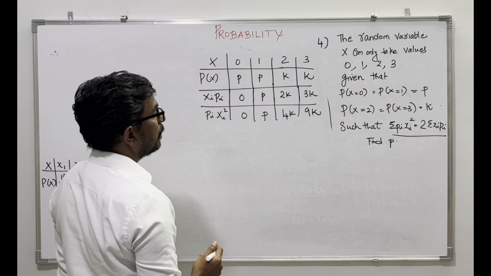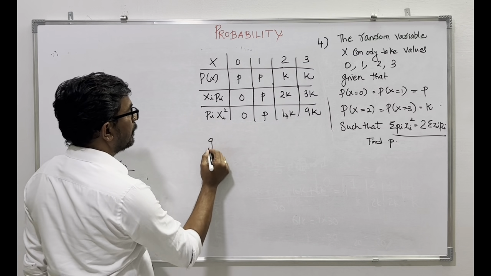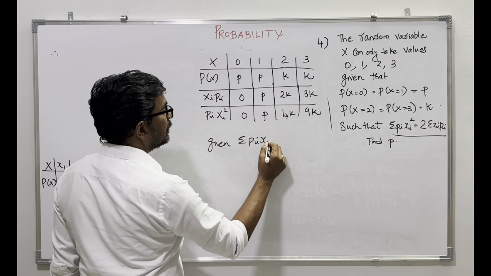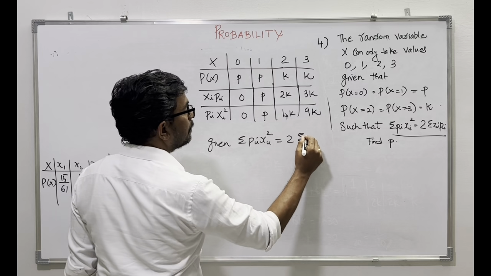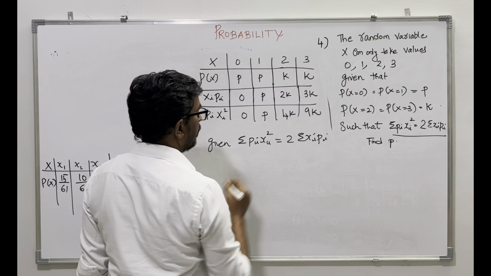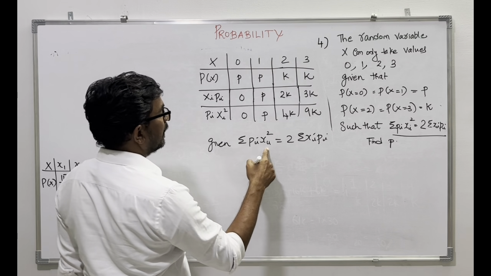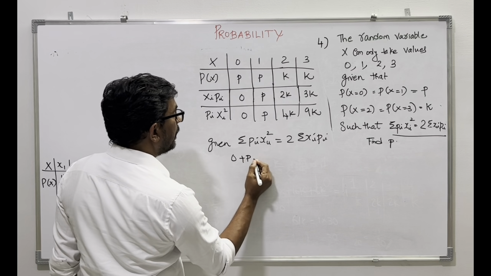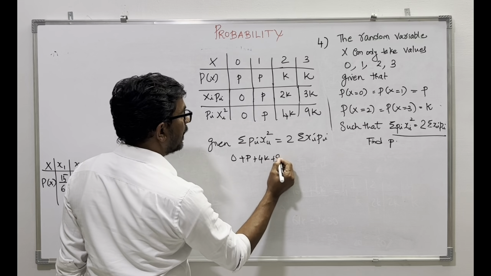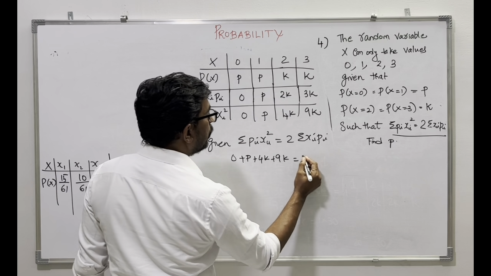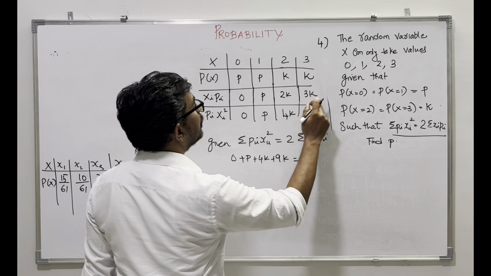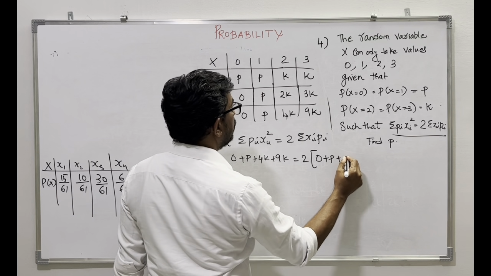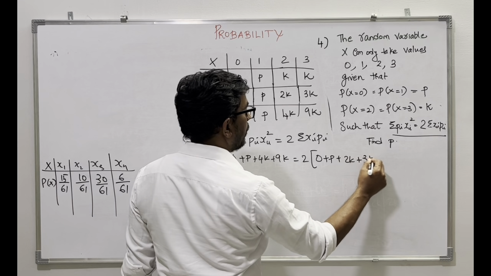Okay. It is given that sigma pi xi square is 2 times sigma xi pi. We will substitute. Sigma pi xi square means we have to add all this. That means 0 plus p plus 4k plus 9k is equal to 2 times sigma xi pi, which means you have to add all this xi pi column: 0 plus p plus 2k plus 3k.